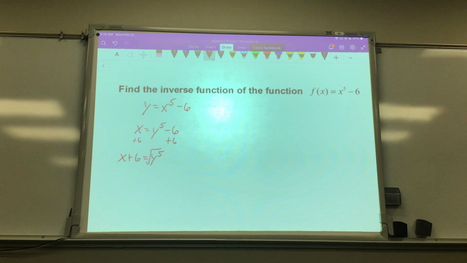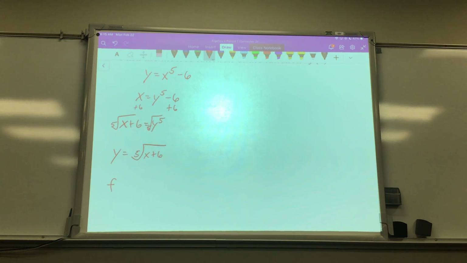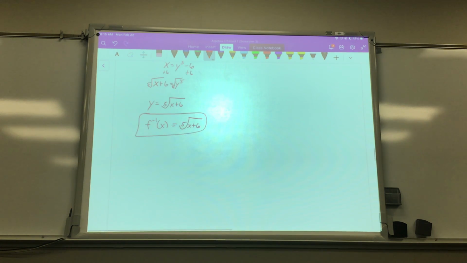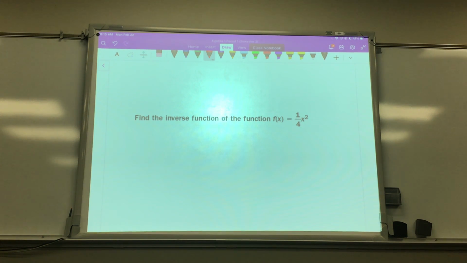We gotta take the fifth root, correct? So I got y is equal to the fifth root of x plus 6. Last thing then. Megan, proper notation. Tell me that that's the inverse. Okay, go ahead, do that last one.